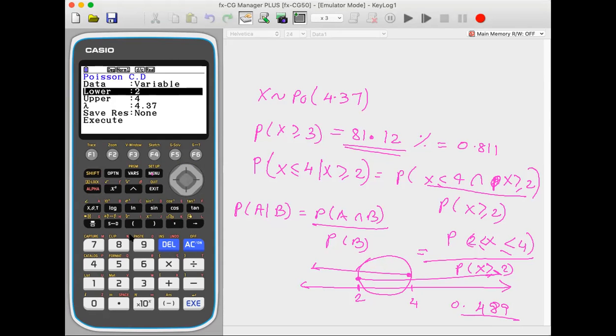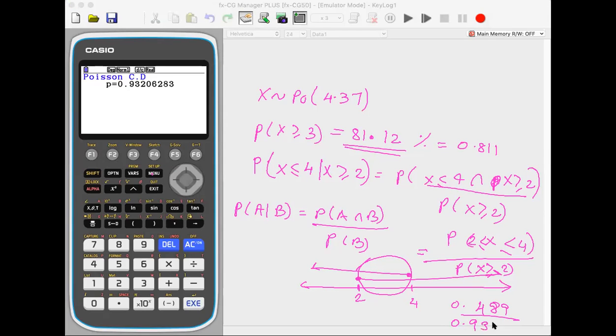So for X more than 2, lower is this and upper is a big number. So that is around 93%, so divided by 0.932. So if you simplify this, that's the answer we needed. I hope this is helpful.